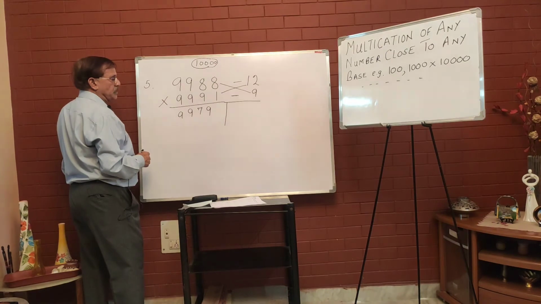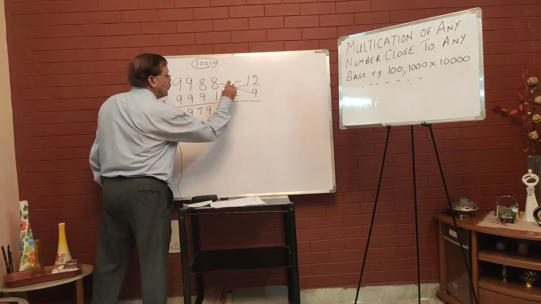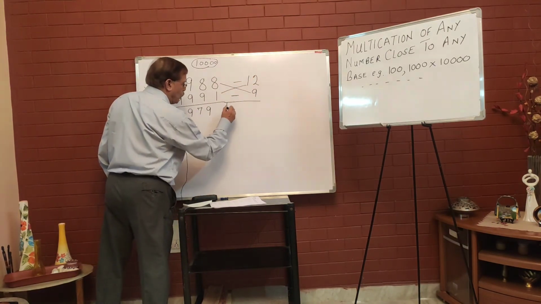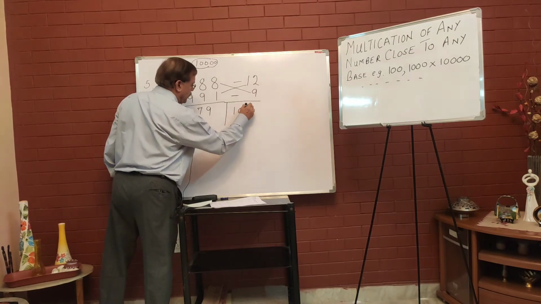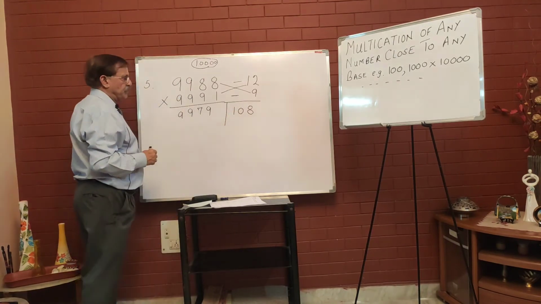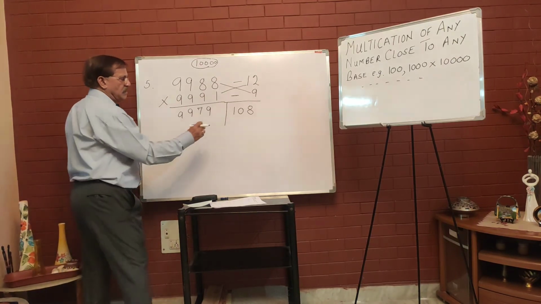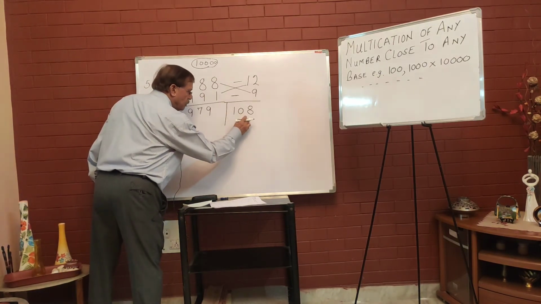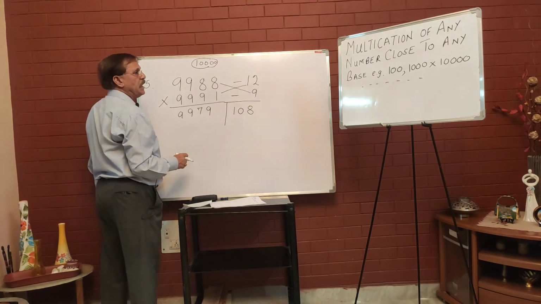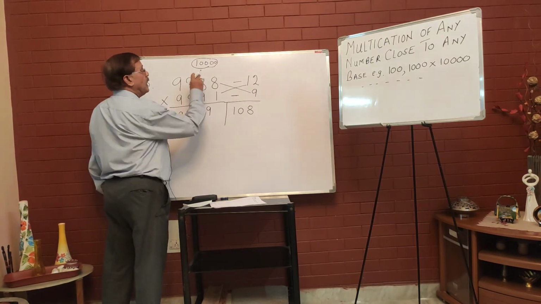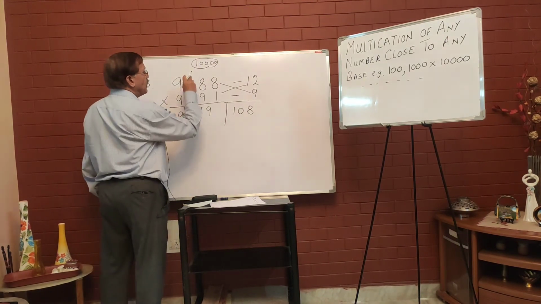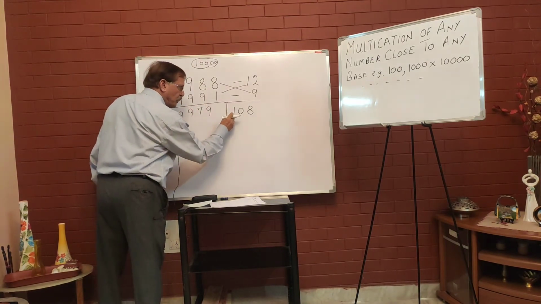And the last part, the RHS. 12 nines are 108. Okay. Now you must be very careful of the RHS. That is the second part of the answer. The second part of the answer should contain an equal number of digits as are there in the base. The base has 4 zeros, so there should be 4 digits over here.